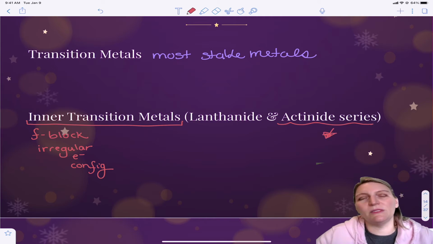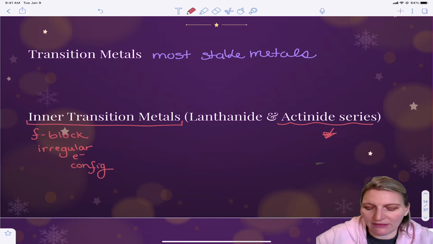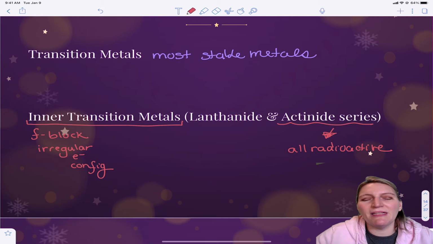And then specifically the actinide series, that bottom row of the F block, those are all radioactive. That means that those nuclei are very large.